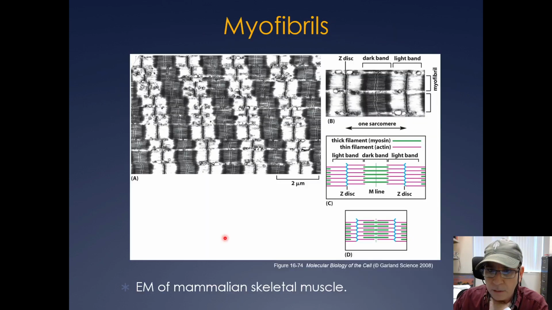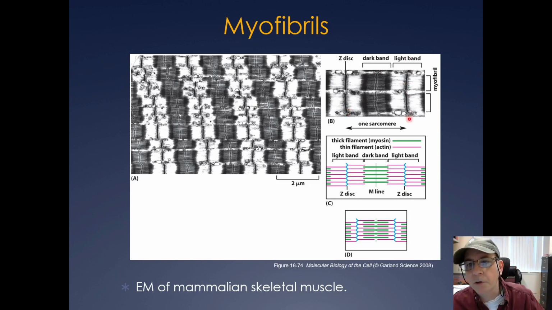If you take a look at the myofibrils in an EM, here's what they look like. You basically have this repetitive array of these individual sarcomeres. And so a sarcomere is basically from one Z disc to another Z disc.